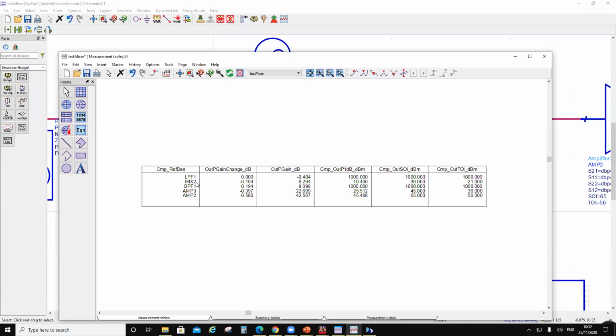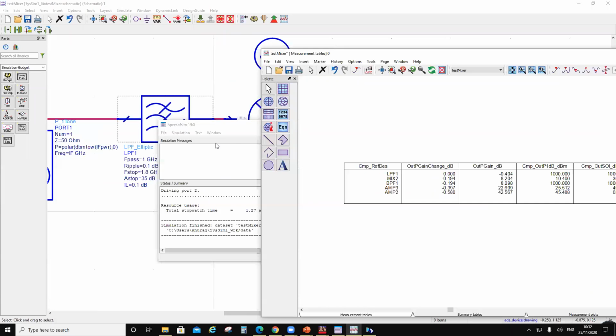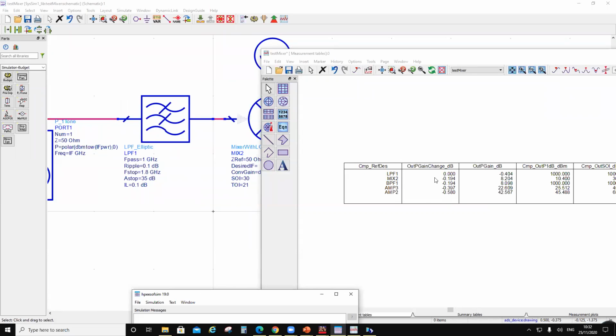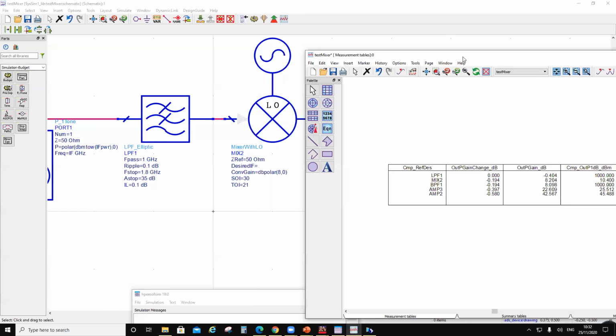These are at the outputs of these components. At the output of a mixer, I have gone through a gain change of 0.19, which means that the mixer is compressing 0.19.